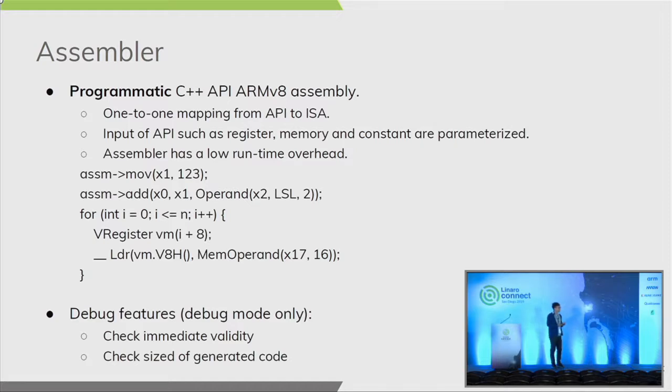Because it is C++ code, you can customize your code generation logic. For example, you can add a for loop like that to generate multiple load instructions that load data from different memory locations to different destination registers. It's quite simple to use.